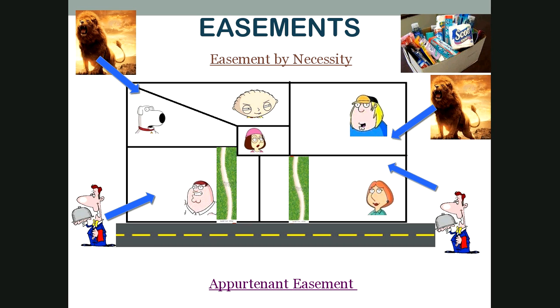So she's going to basically have to sue Peter and Lois as well, and ask the court to say, I need an easement to get to my property. I can't use my property. I can't get from the road to my property because I have to cross somebody else's land and trespass. I can't do that. So you need to give me an easement. And so the court will grant it, say, hey Lois, hey Peter, one of you guys, let Meg use the access. And so that's how an easement by necessity is created.